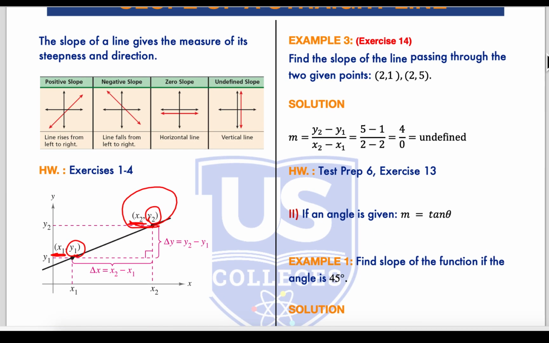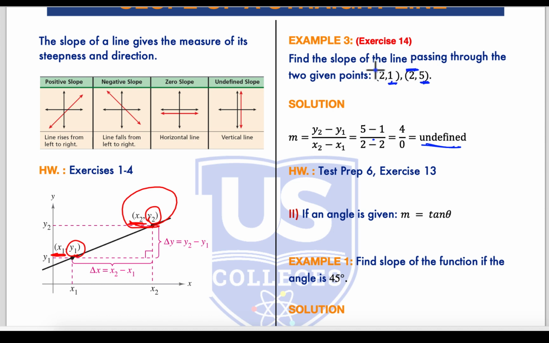Similarly, in the next exercise question, y2 minus y1, 5 minus 1 divided by x2 minus x1, 2 minus 2, which is 4 over 0. 0 in denominator gives us an undefined result, so the result is undefined. You can also use the idea that they share the same x value.